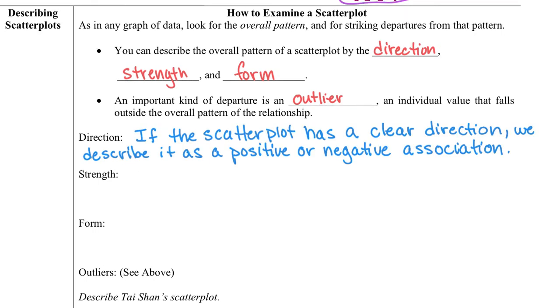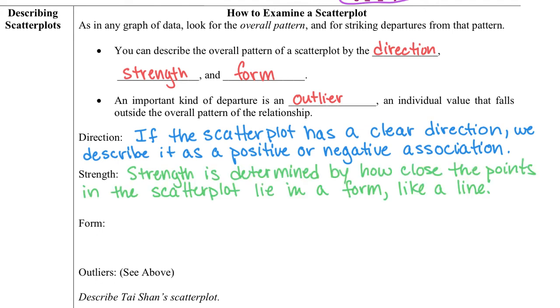So talking about direction, if the scatter plot has a clear direction, we describe it as a positive or negative association. Strength is determined by how close the points in the scatter plot lie in a form like a line. Just a side note, in AP statistics, while you need to recognize that there are other forms, we are going to be working mainly with linear forms.